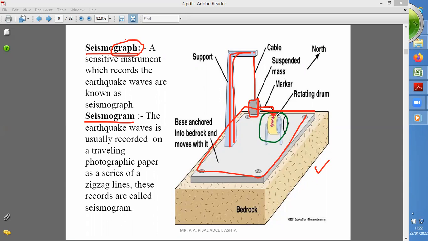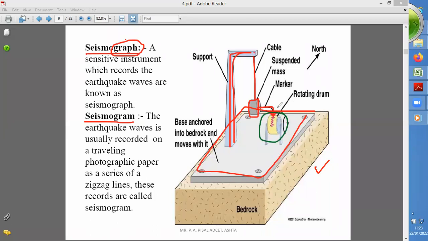This graph paper is continuously moving forward at one constant speed. So what happens if an earthquake happens and vibrations develop? The base plate first vibrates, and due to the vibration of the base plate, this hanging drum with the cable will vibrate, and the marker pen which is attached to the rotating drum or the graph paper also vibrates.